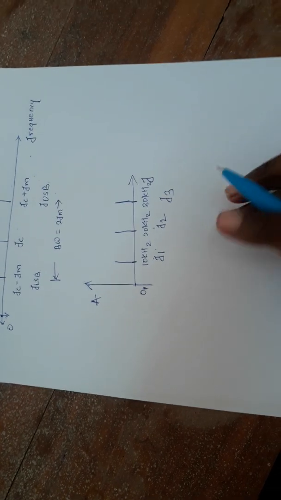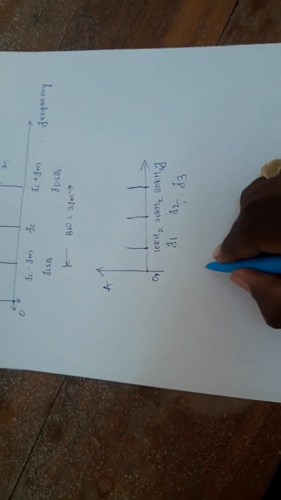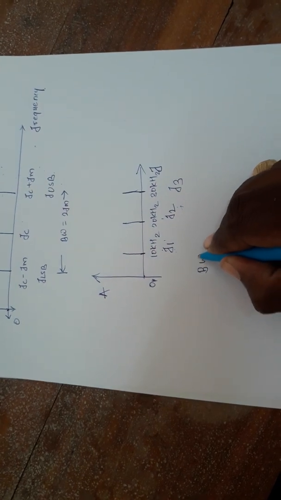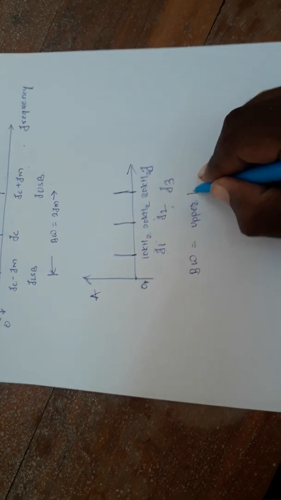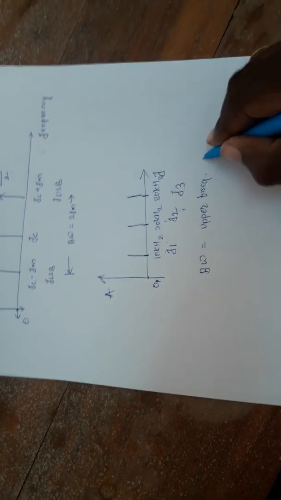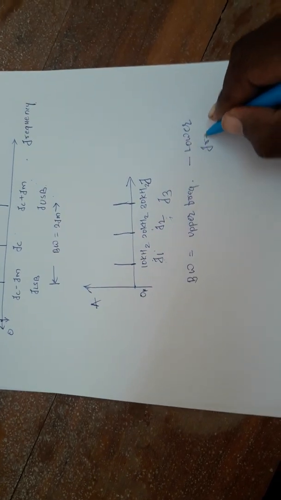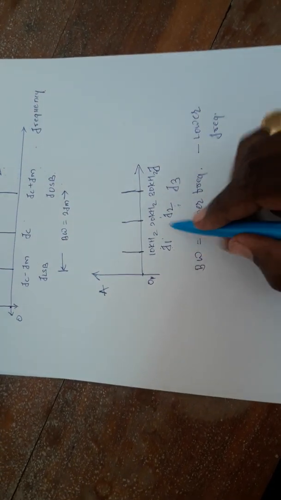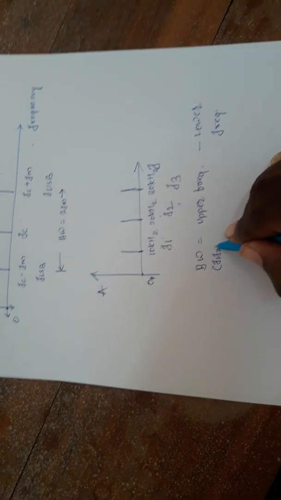Suppose I want to calculate the bandwidth between f1 and f2, so there is a formula. Bandwidth is always equal to upper frequency minus lower frequency.